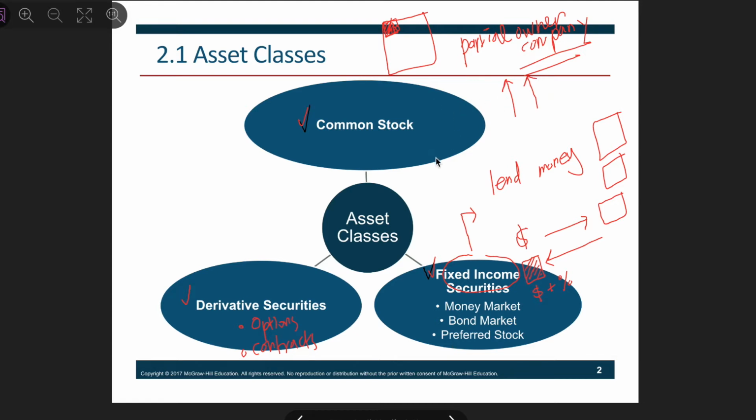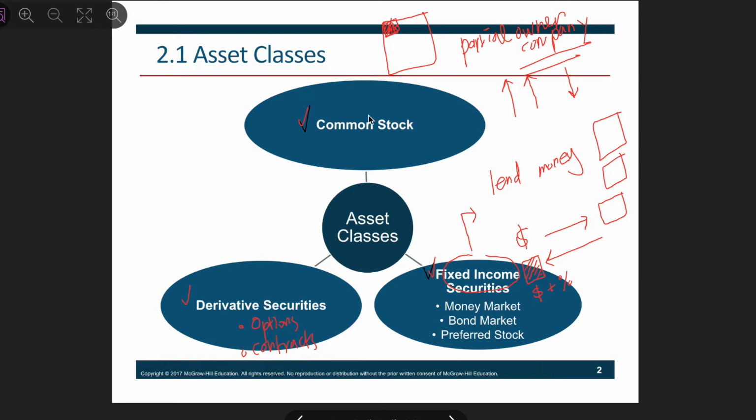And if the value of the company, the future of the company, drops, then the common stock price will drop also. So this one is just money going in and out. For this, you are a partial owner, and your value increases and decreases according to the company's value.